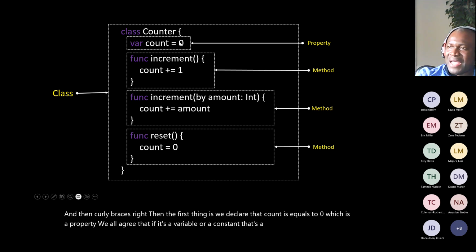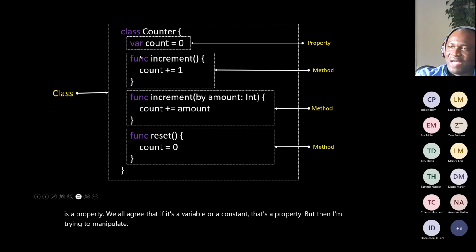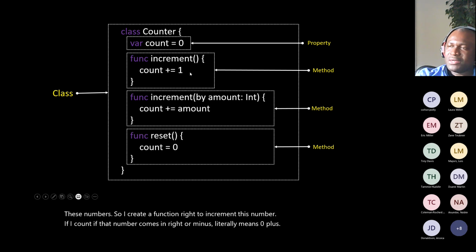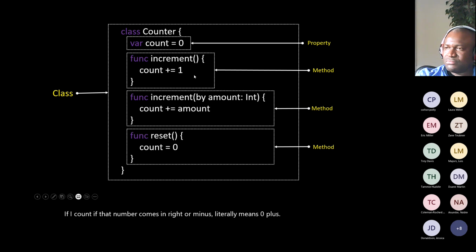But then I'm trying to manipulate these numbers. So I create a function to increment this number. If that number comes in, plus-equals literally means 0 plus 1 equals some value.